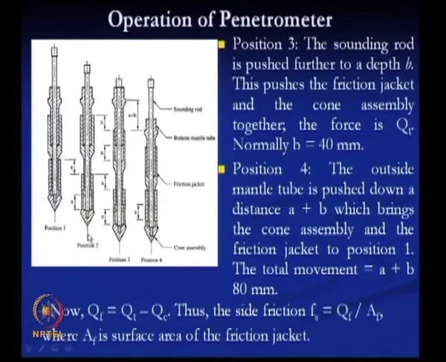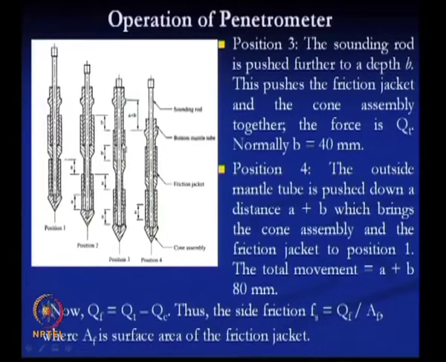From the second position we are getting only the cone or tip resistance, that force is QC. In the third position, the cone assembly and the friction assembly are both pushed into the soil, so we get the total force due to the cone or tip resistance and the frictional resistance, that is QT. Now, we know capital QC and we know QT.